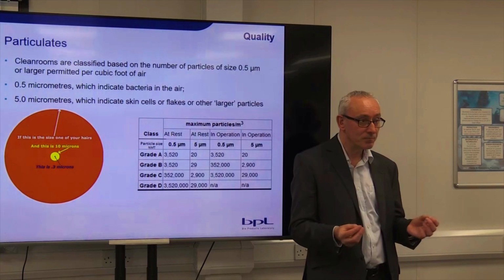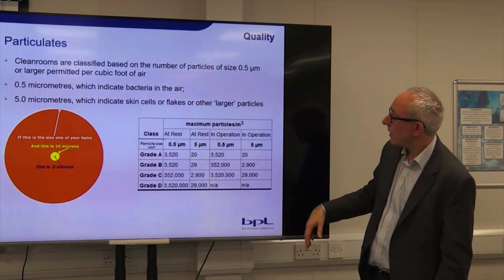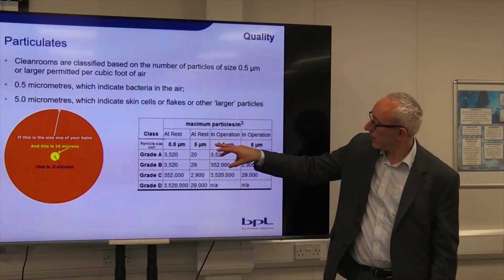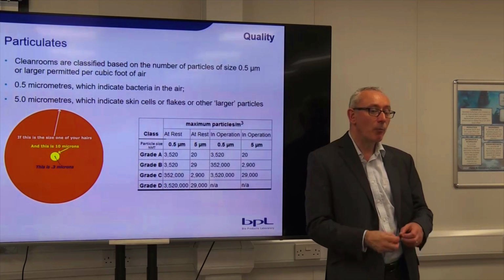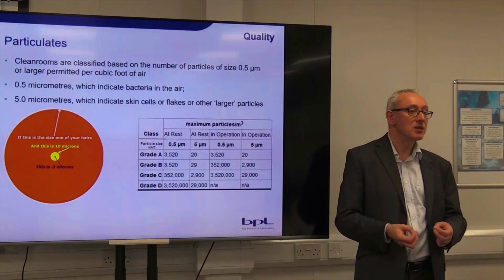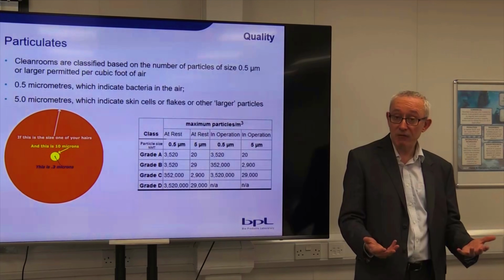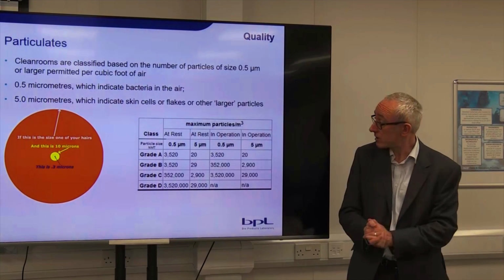Okay. And then going back to these grades, we have the grades going down there, and then there are two particle sizes which are measured. The 0.5 micron is something that could be bacteria, but might turn out to be bits of metal or bits of plastic, so there's a risk.